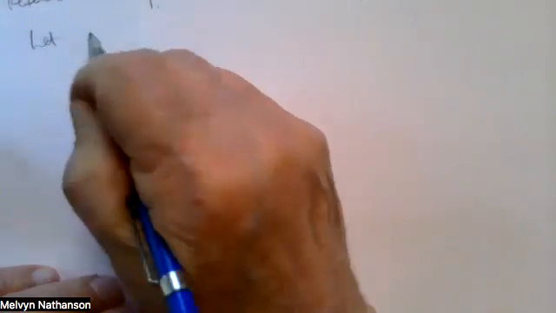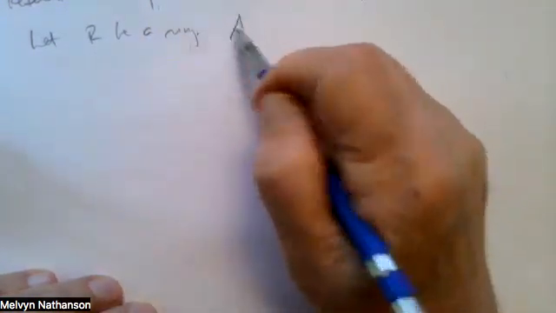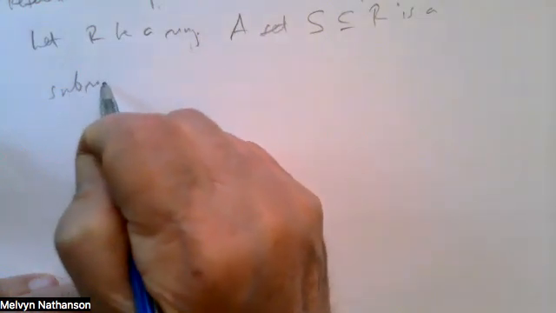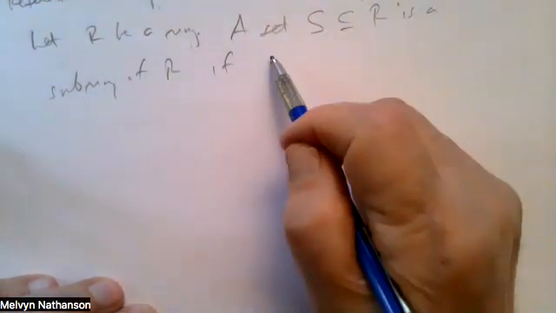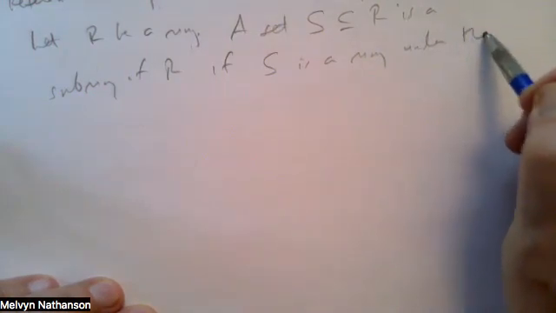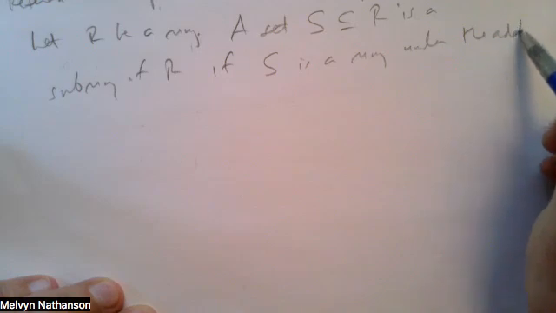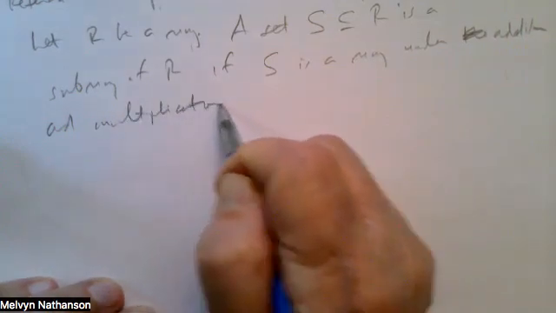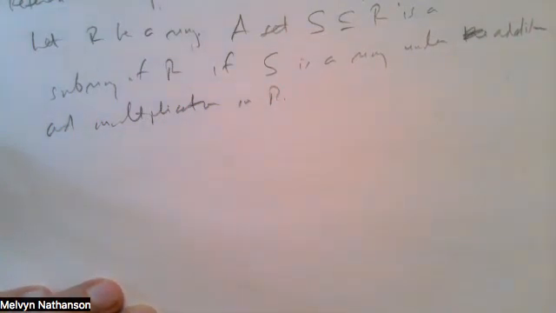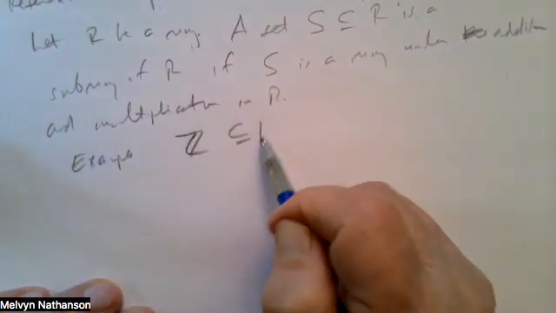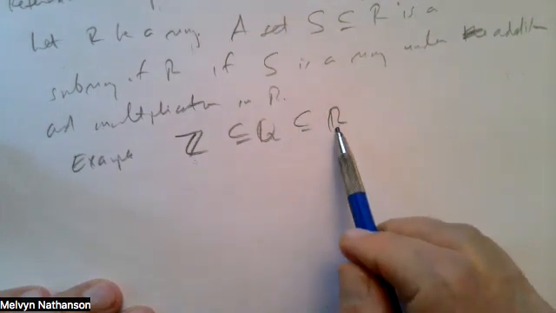We say that, let R be a ring, a subset S contained in R is a subring of R if S is a ring under the same operations, under the operations of addition and multiplication in R. So for example, Z, the integers contained in the rational numbers, this is a ring, Z is a subring of Q. Q is a subring of the real numbers.